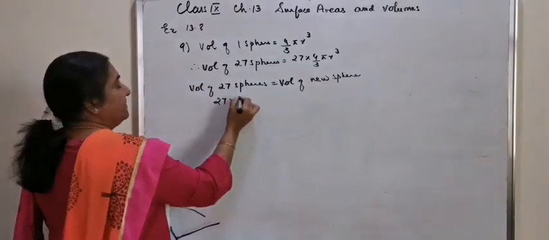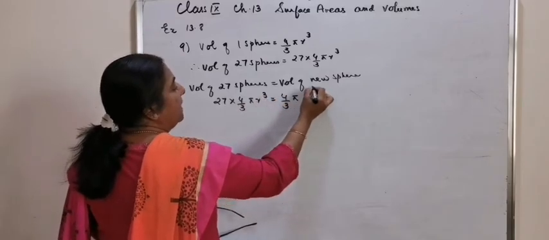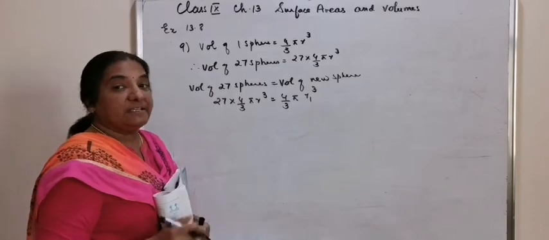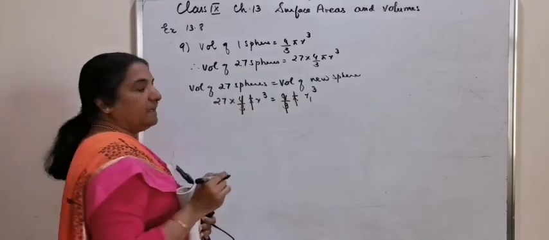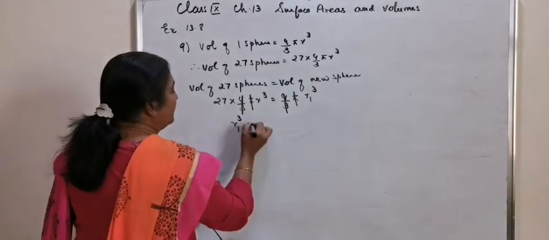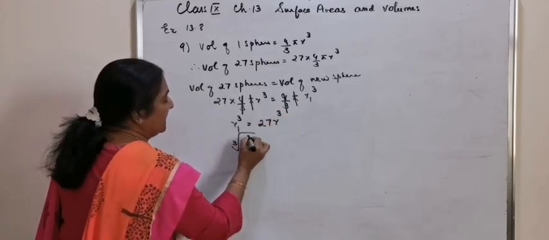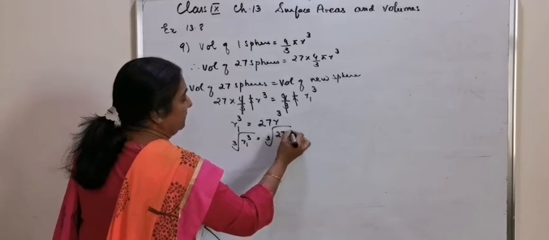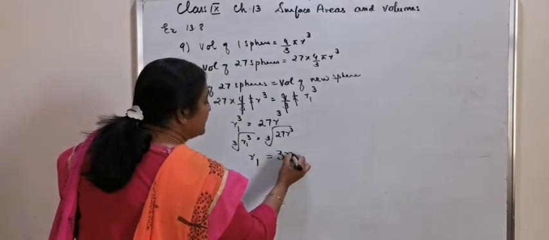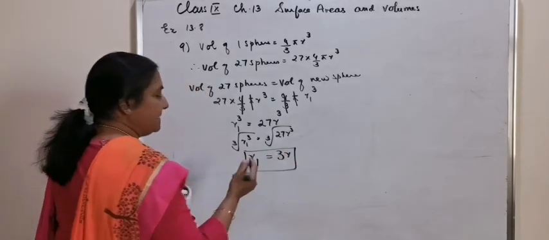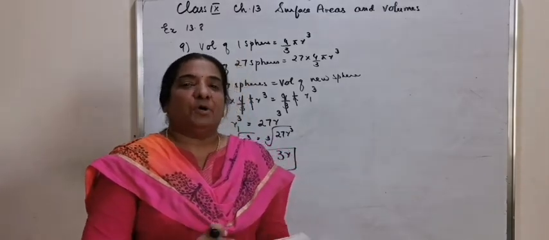That is 27 into 4 by 3 pi r cubed is equal to 4 by 3 pi r1 cubed. Equal quantities from both sides we are cancelling. That means r1 cubed is equal to 27 r cubed, or if you take cube root on both sides, the radius of the new sphere is 3 times the radius of the small sphere.